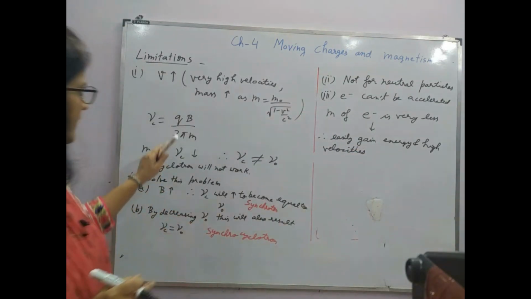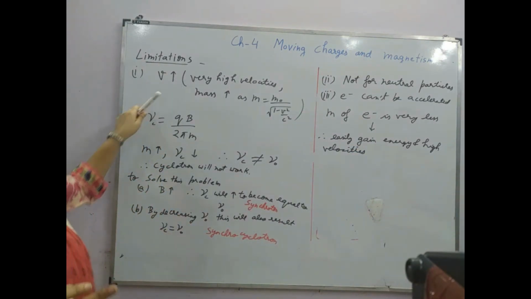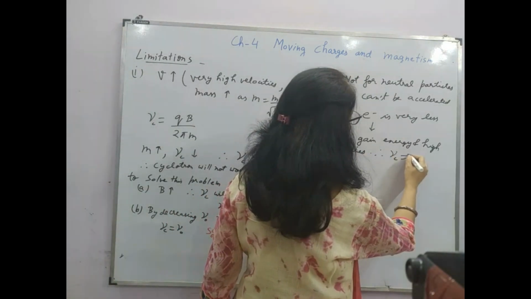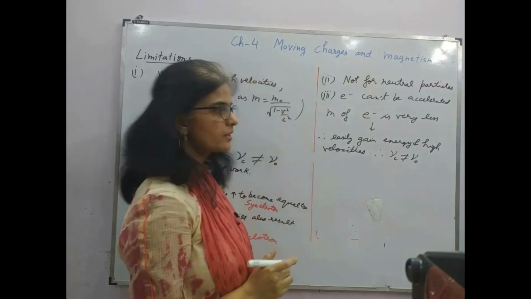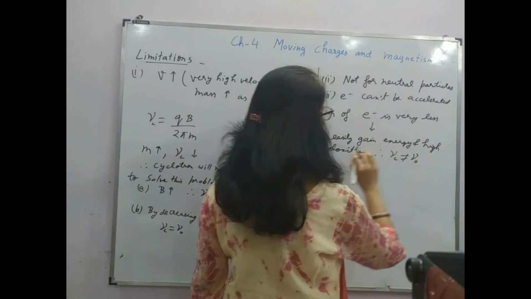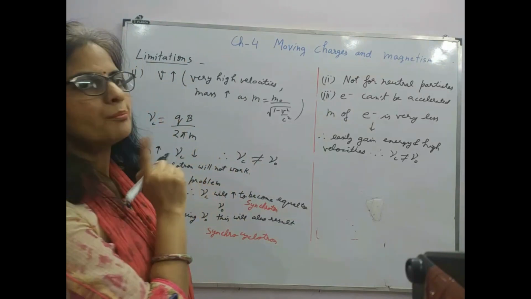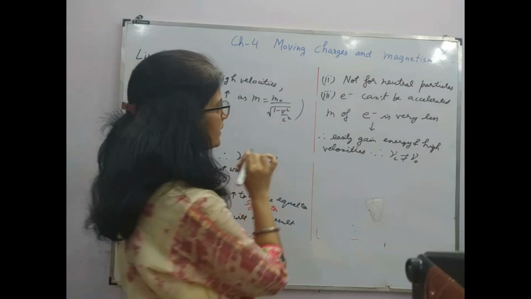Then after, due to this first point, the coordination is disturbed very early, so therefore it cannot work. So for this, a special instrument called Betatron is used, right?